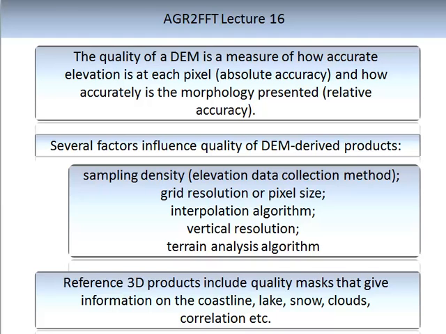These include sampling density, the elevation data collection method that is used, the grid resolution or pixel size, that means how much of the area does each pixel represent. The larger the area, the more inaccuracy, potentially. Other factors are the interpolation algorithm, the vertical resolution, and the terrain analysis algorithm.